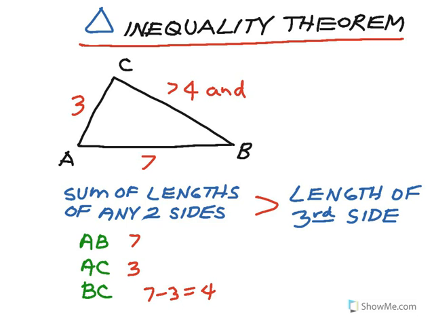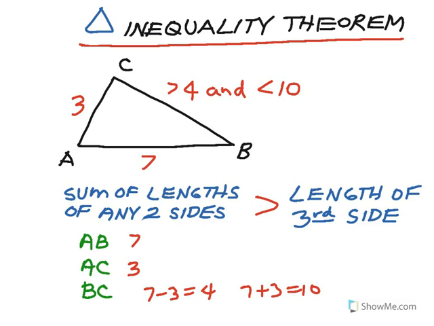It has to be less than 10, less than the sum of 7 plus 3. If it was more than 10, the sides of 7 and 3 couldn't be stretched at an angle to meet the endpoints of a segment more than 10 long.